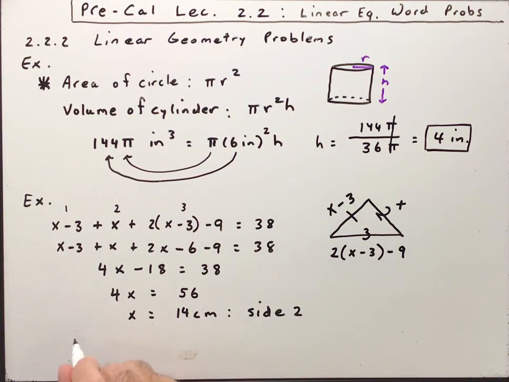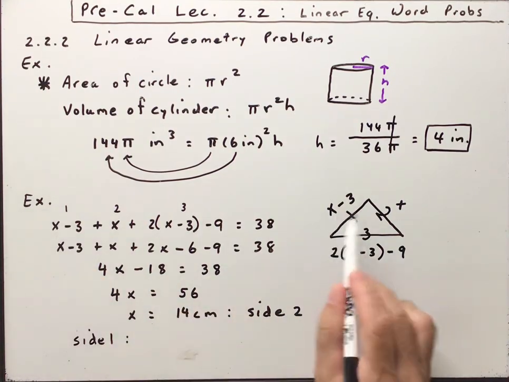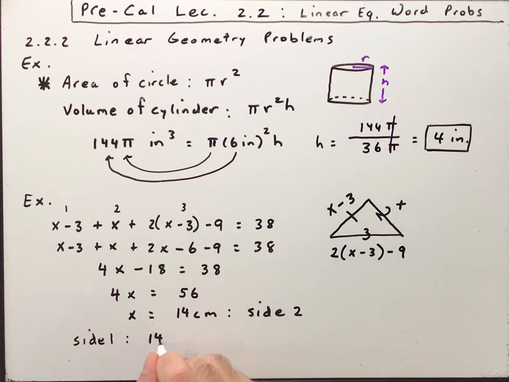So side 1, so let's plug everything in. Side 1 is x minus 3, right? So 14 minus 3, which would be 11 centimeters. And then side 3 is going to be 2 times 14 minus 3 minus 9.